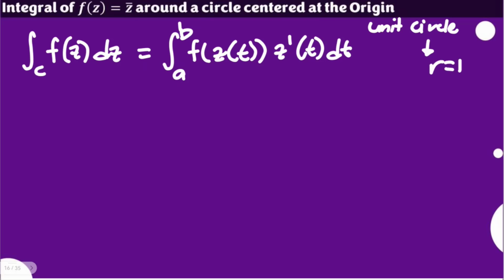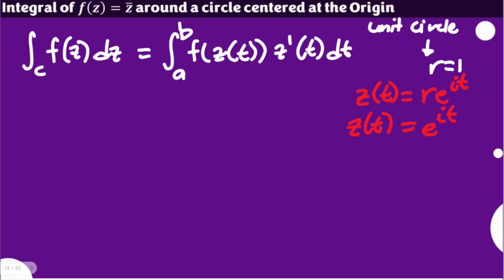Because our parameterization for a circular path, especially if it's centered at the origin, is indicated as r e to the power of it. And since we are now limiting it to a unit circle, we will have 1 e to the power of it. That's our z of t.